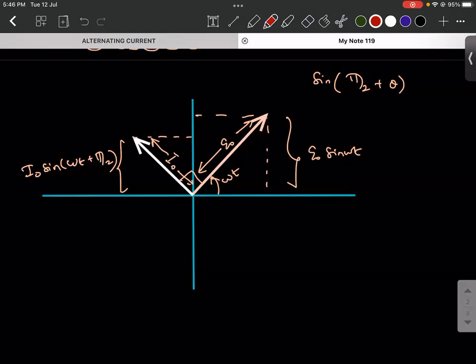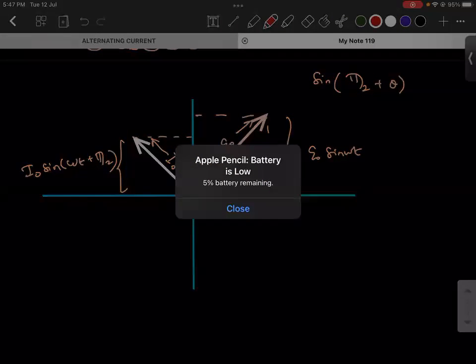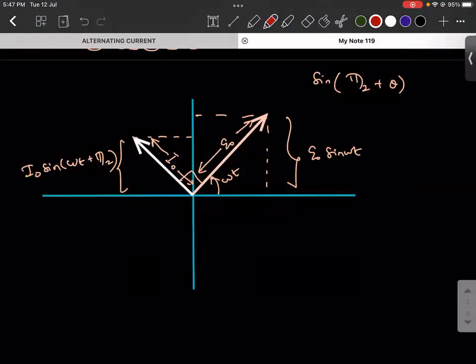Is the point clear? This is clear, guys.